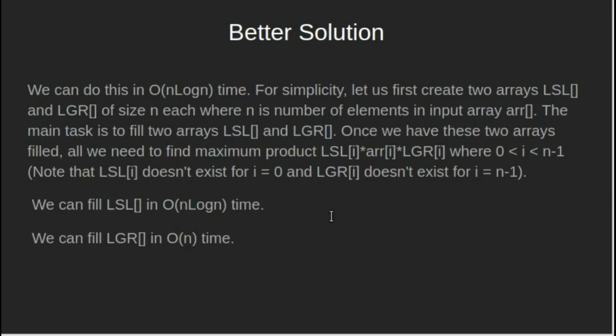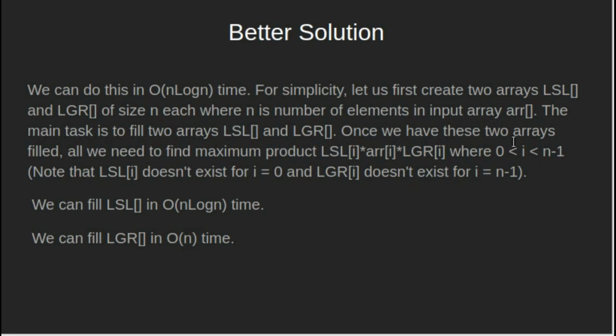This is a better solution. We can do this in O(n log n) time. For simplicity, let us first create two arrays LSL and LGR of size n each, where n is the number of elements in the input array. The main task is to fill the two arrays LSL and LGR.